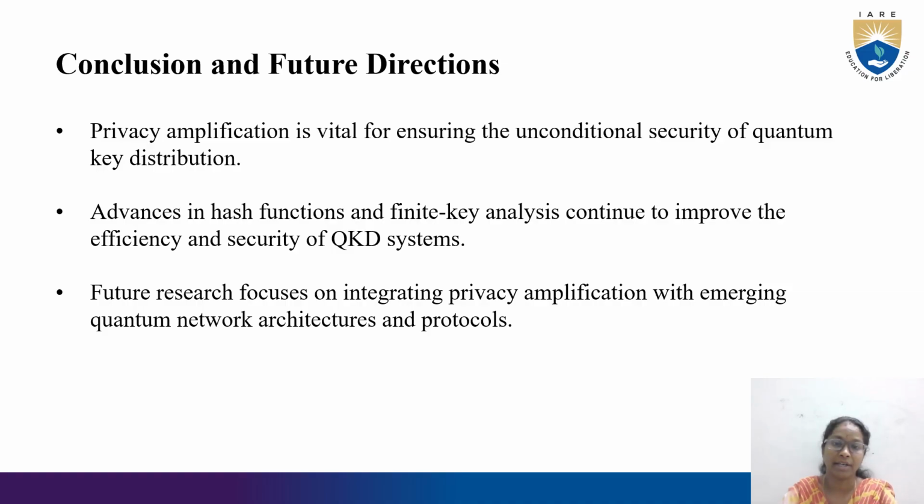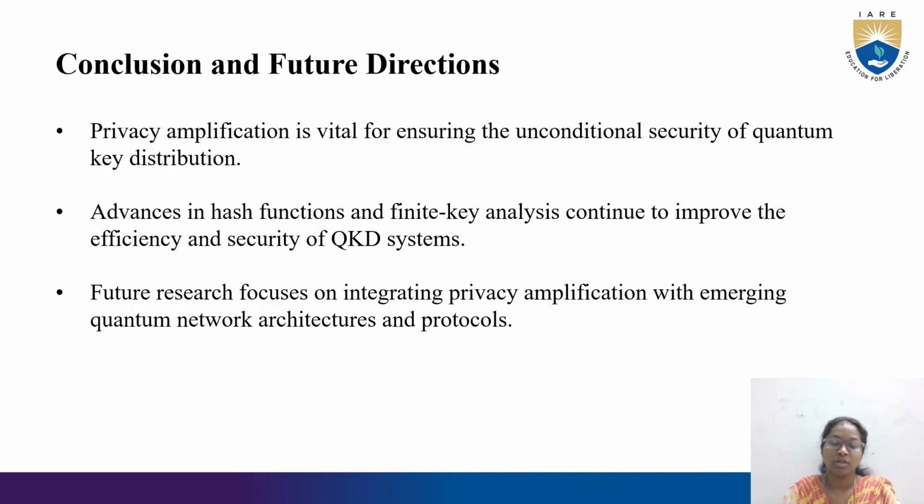Conclusions and future directions. Privacy amplification is vital for ensuring unconditional security of quantum key distribution. Advances in hash functions and finite key analysis continue to improve the efficiency and security of quantum key distribution.